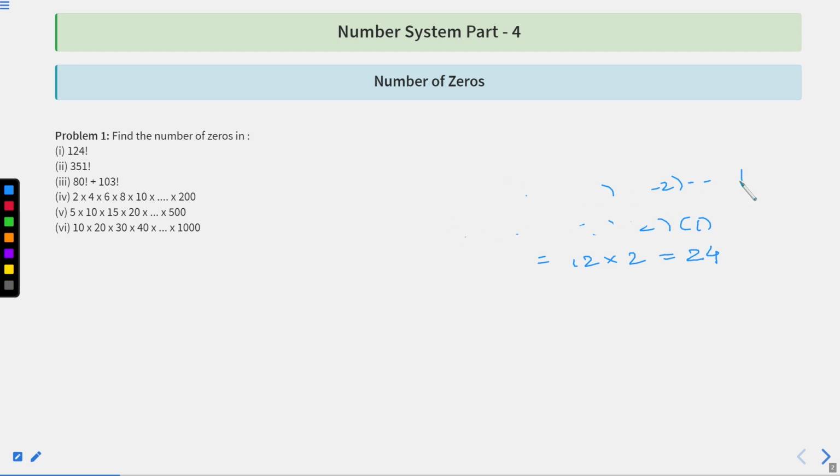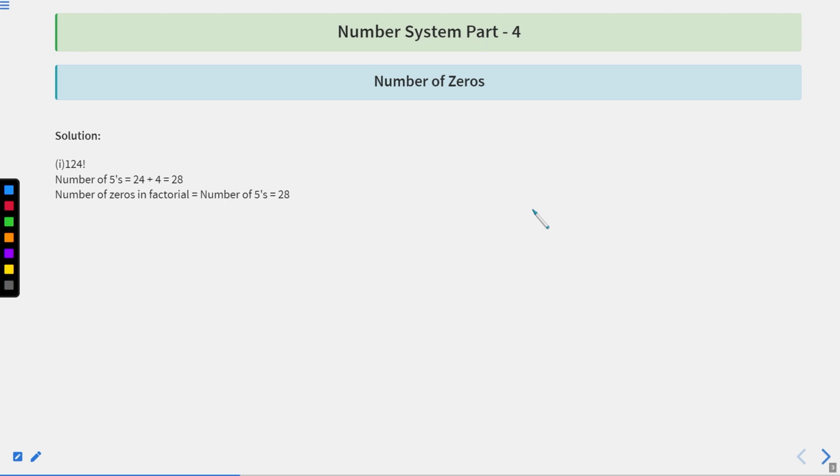If I want to find the number of zeros in the factorial of 124, then 124 factorial will be 124 into 123 into 122, going till 1. So how do you find the number of zeros in such a number? What we have studied is that we count the number of combinations of 2's and 5's.